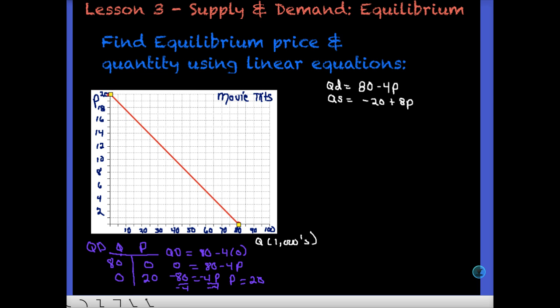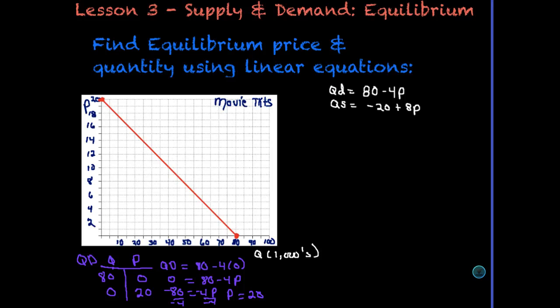All right, great. Now for our second equation, let's go ahead and set up a table for that one as well. So in this case, we are also going to have our quantity versus price. Okay, so this is now our supply curve. So remember, we should have a positive sloping curve.